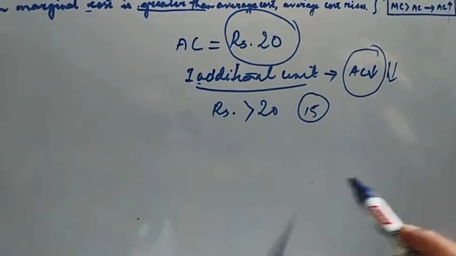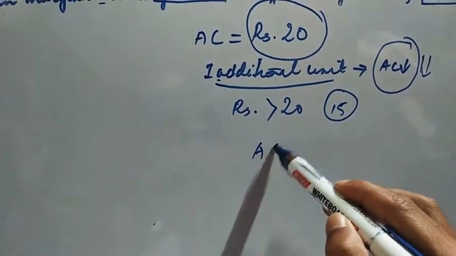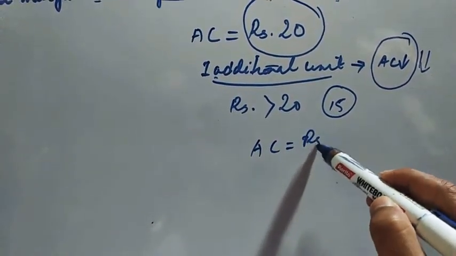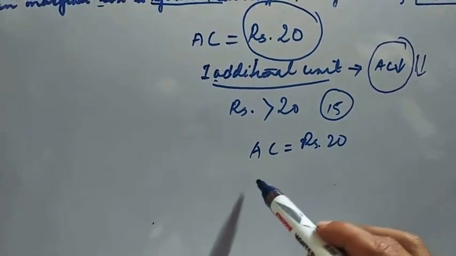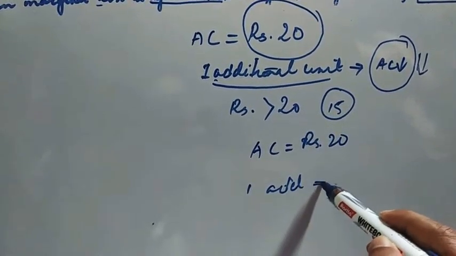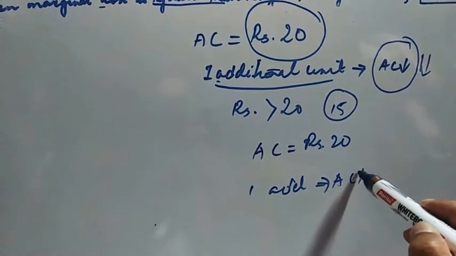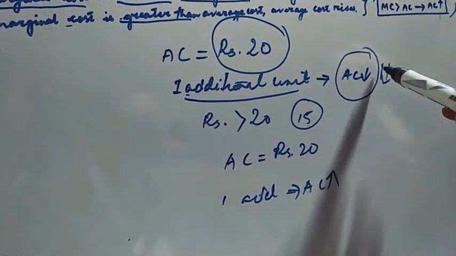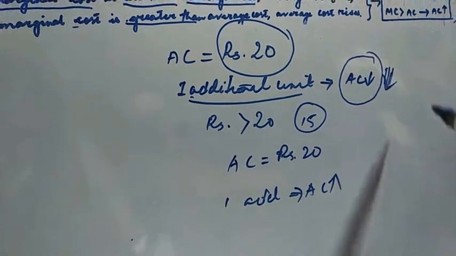And on the other hand, if a producer, while producing one additional unit, causes his average cost to rise. So we have seen the case of fall of average cost.